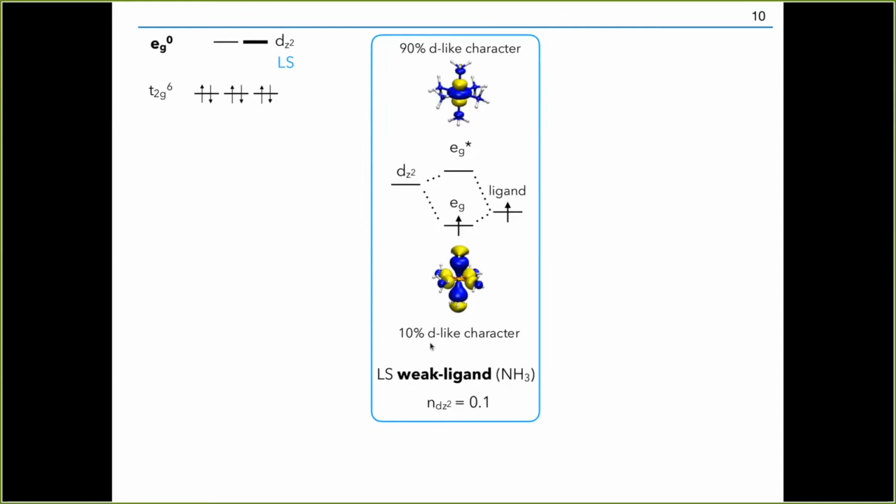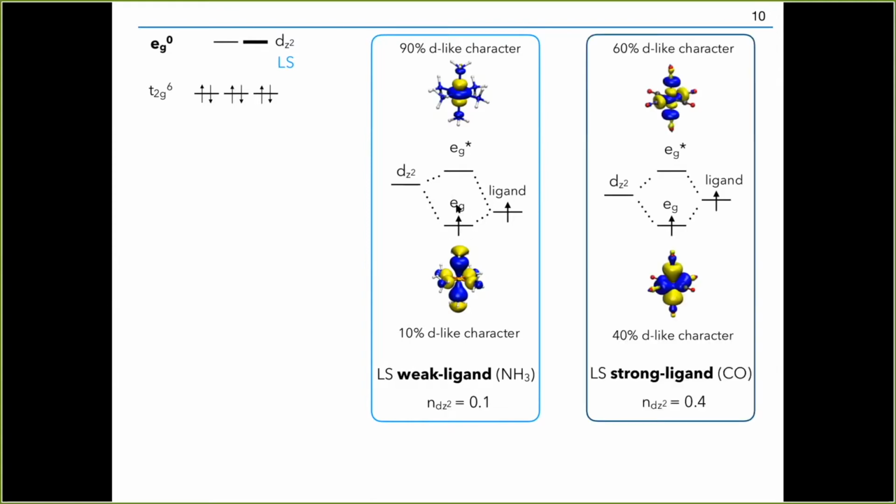And at this point, if we compute the occupation of this state, we obtain a deviation from 0 that is proportional to the d-like character of the occupied eg state.